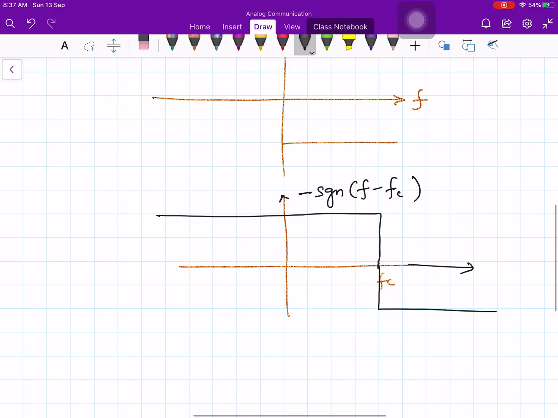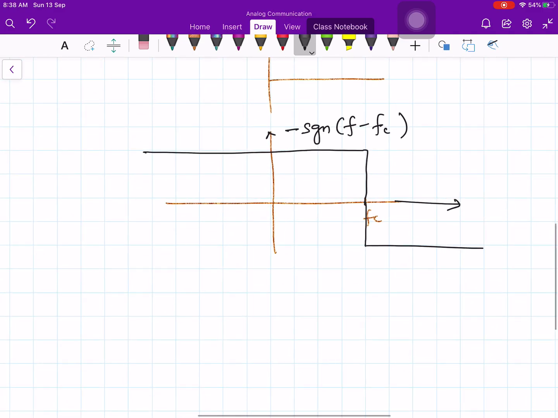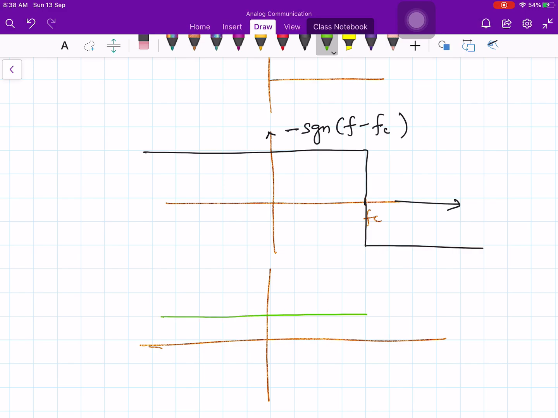In case you scale the amplitude by 0.5, then the same signal will look like this. This is minus 1/2 signum of f minus fc.